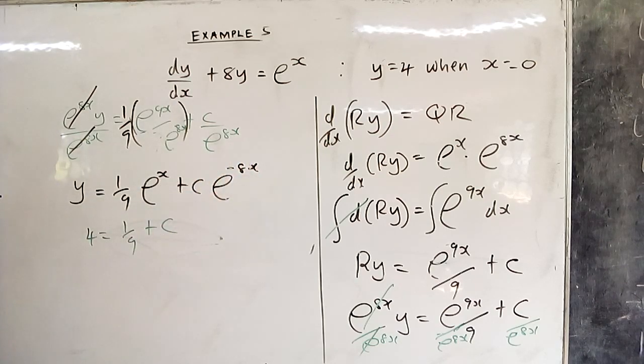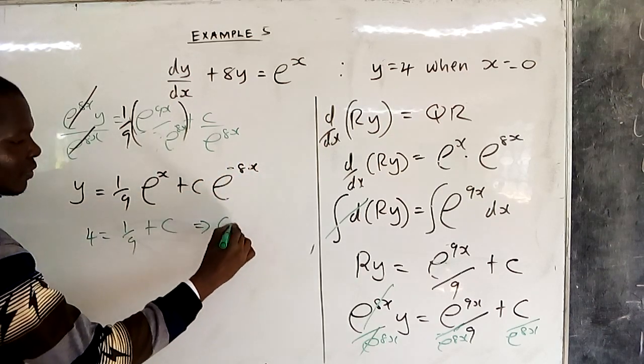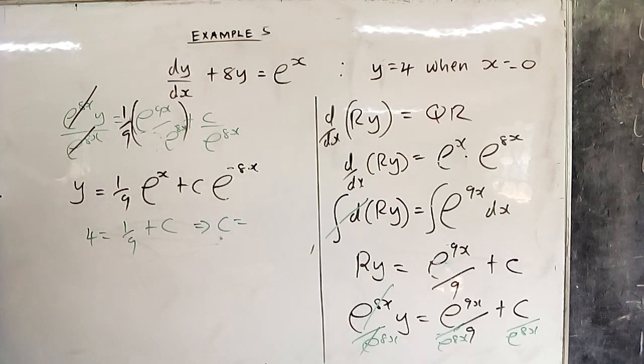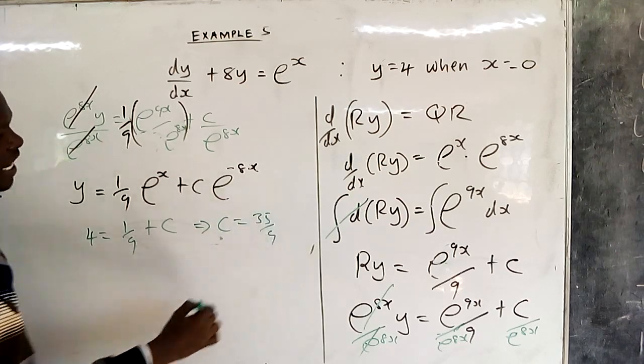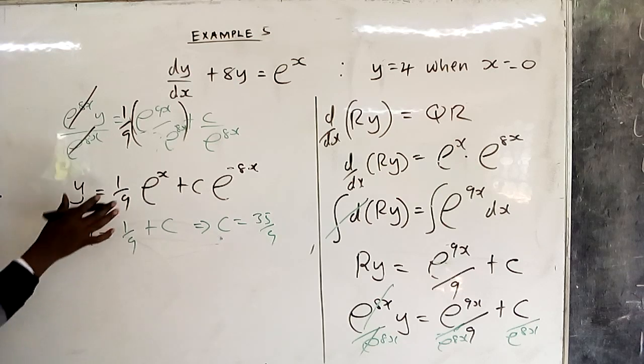Are we together? So what is the value of c? 4 minus 1 over 9, which you get to be 35 over 9. So what is the solution of your differential equation here?